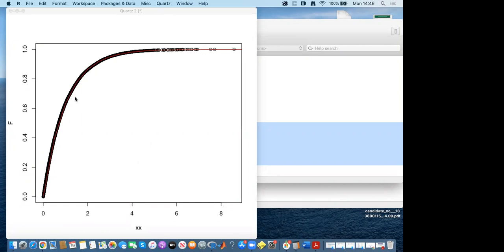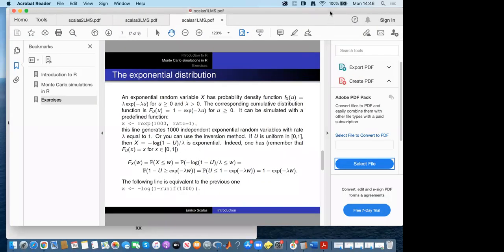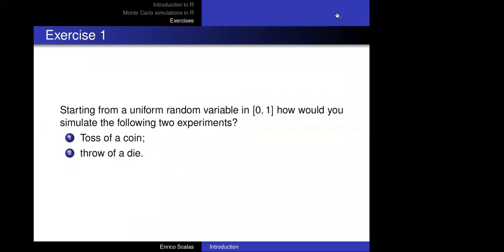Also, from this kind of analysis, you can derive goodness of fit tests, limit values, if you want to do this kind of business. But I am not going to present all that to you today. Rather, I would go back to the presentation, see if I can share it full screen, and move to the exercises.